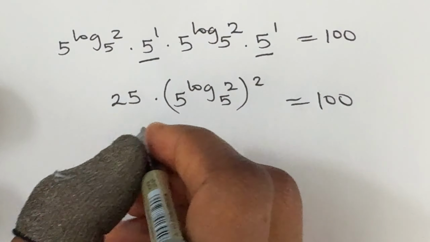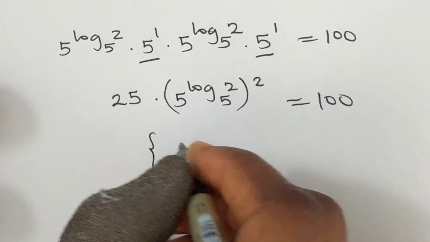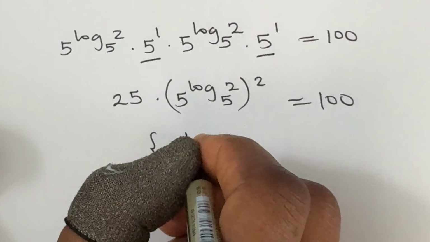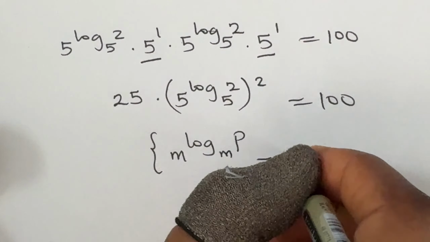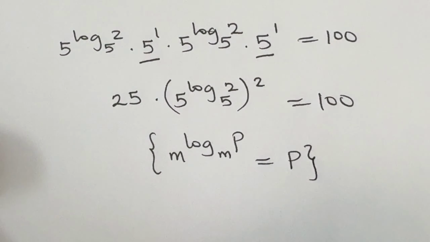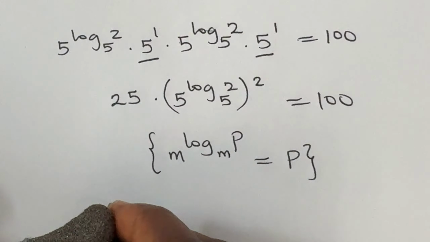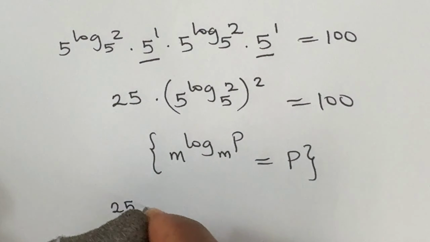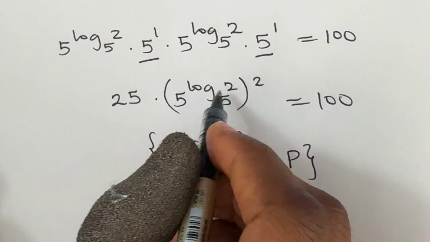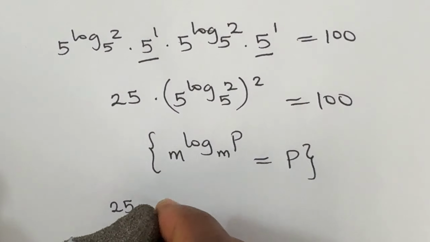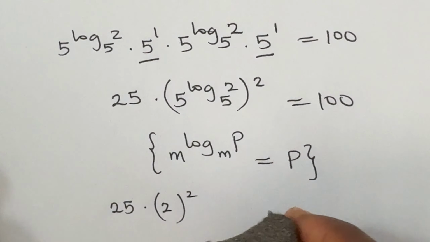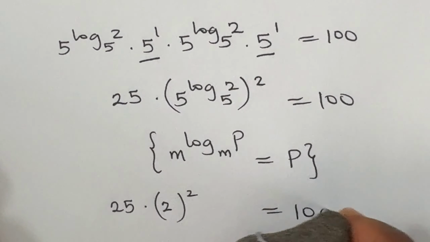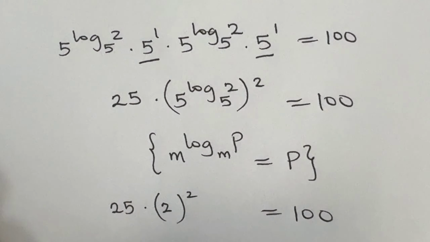By logarithm, m raised to power log p base m will give us p. Therefore, we would have 25 times 5 raised to power log 2 base 5 will simply give us 2. Now 2 squared is 4.